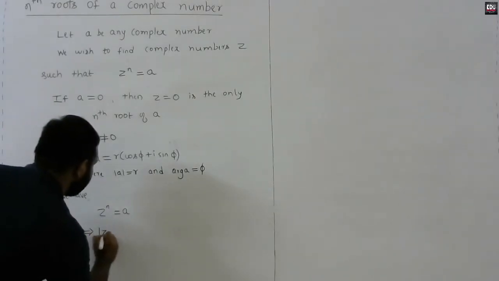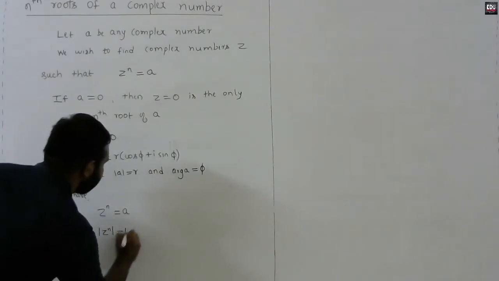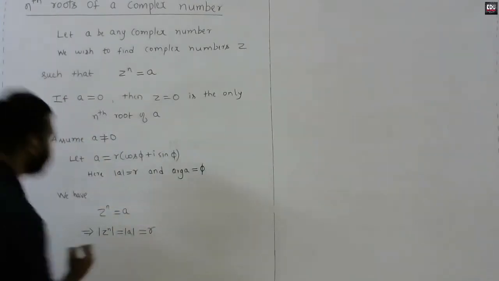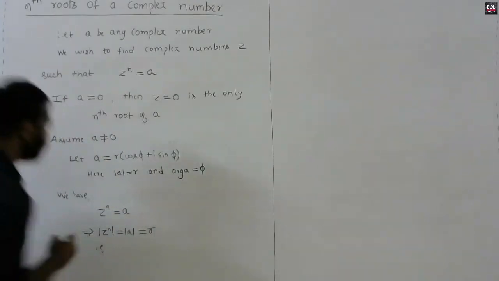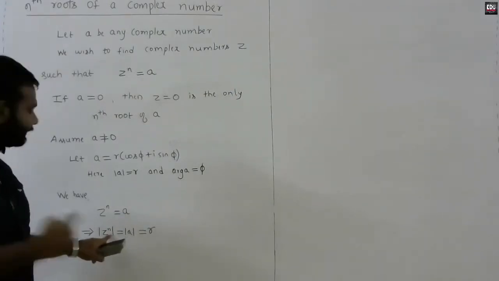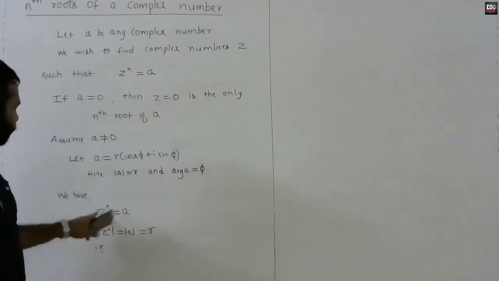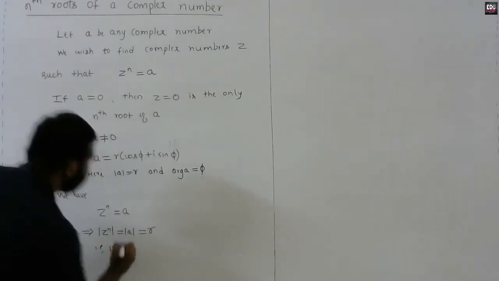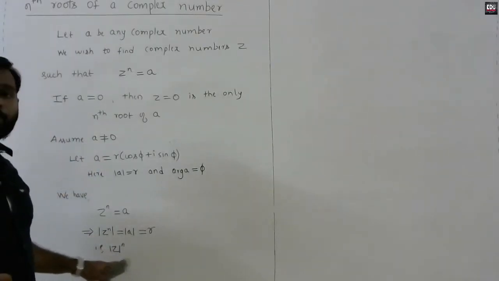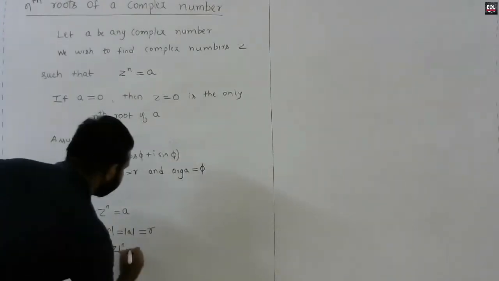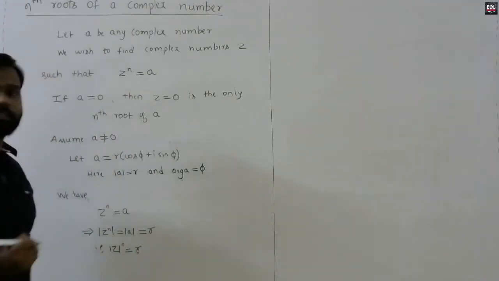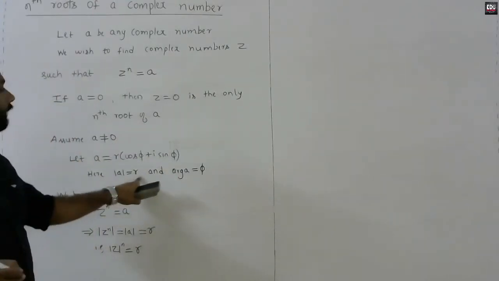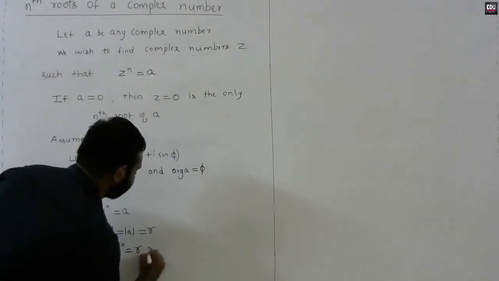So modulus of z power n will be equal to modulus of a, which is r. z power n can be factorized as z into n times, and the modulus of the product is the product of the moduli. So modulus of z power n will be modulus of z whole power n, which will be r, and as a is non-zero, the modulus of a, r, will be positive.